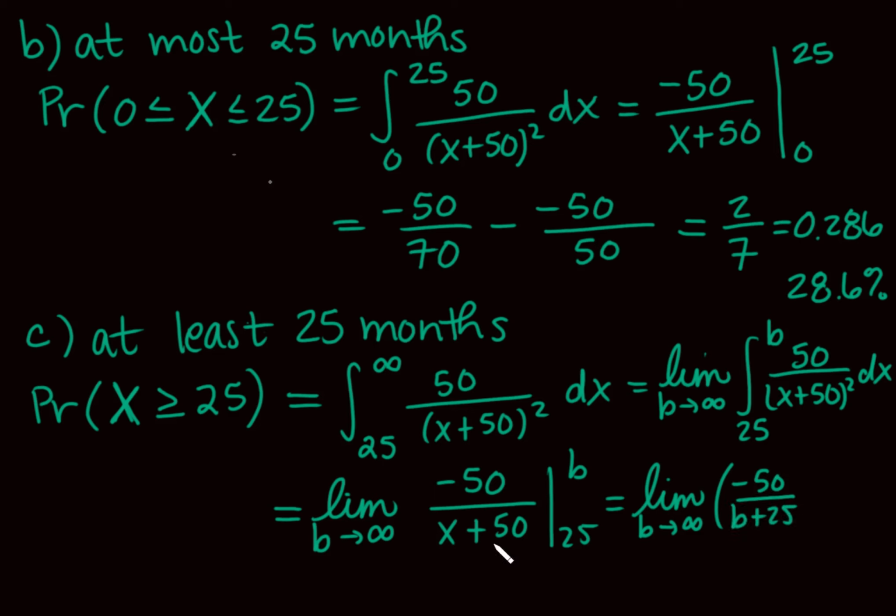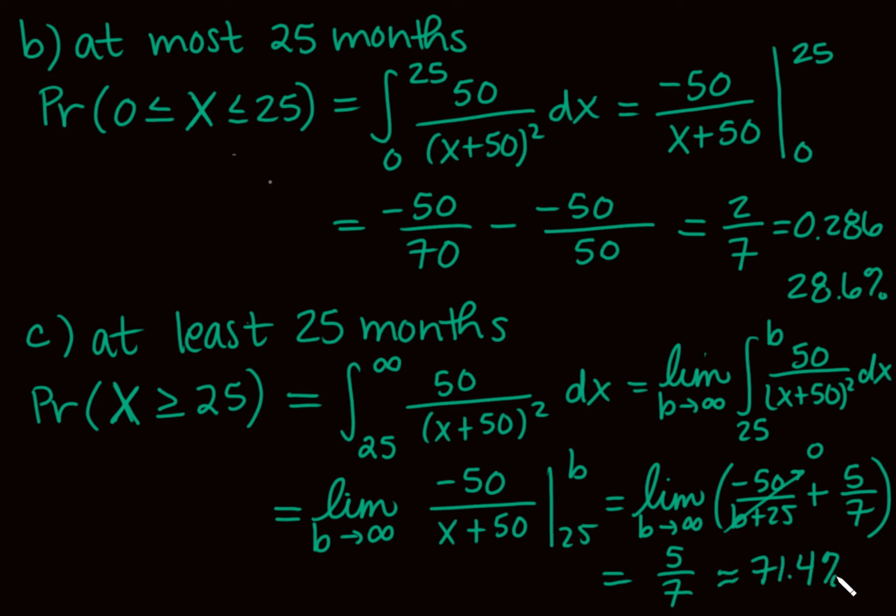Then if I put in the 25, this actually becomes plus 5/7 if I simplify a little bit. Then this guy goes to 0. Remember, if the denominator is getting really, really big and the numerator is staying constant, that guy's going to 0. So I get 5/7, and if I divide 5/7, I get about 71.4.